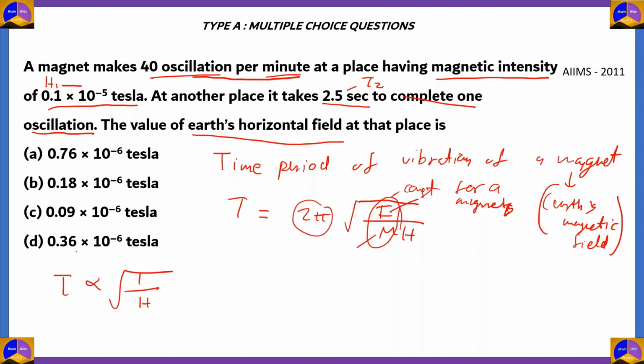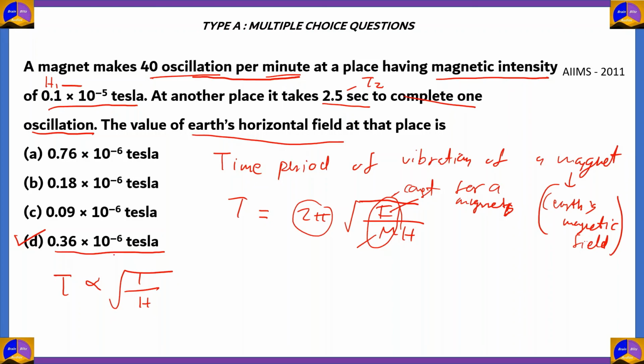The right answer is option D, 0.36 into 10 raised to minus 6 Tesla. Here we use the formula for time period of vibration of a magnet. And this happens when a magnet is in a magnetic field. So here we're using the Earth's magnetic field for the experiment for this problem.